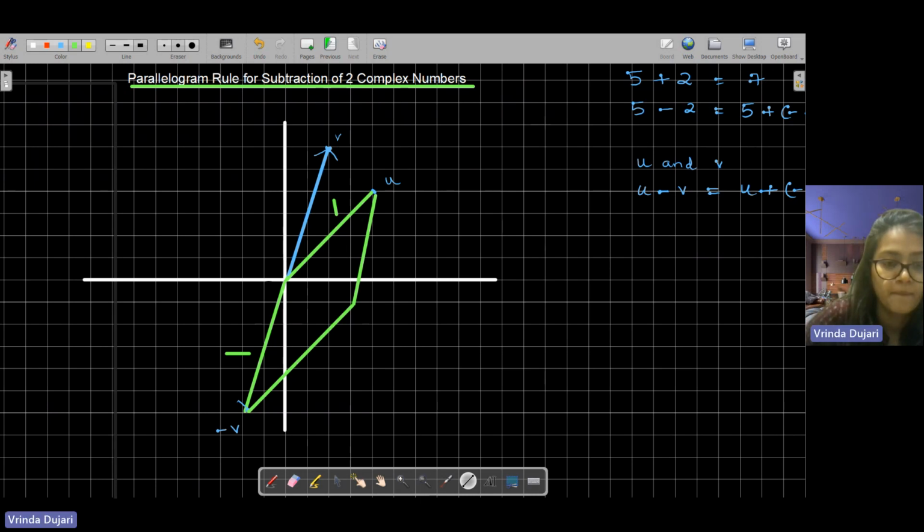And then this guy. So this completes your parallelogram. And this guy is nothing but, you guessed it right, it's U plus negative of V, or U minus V. I hope this was clear. So let's just come back to the problem.